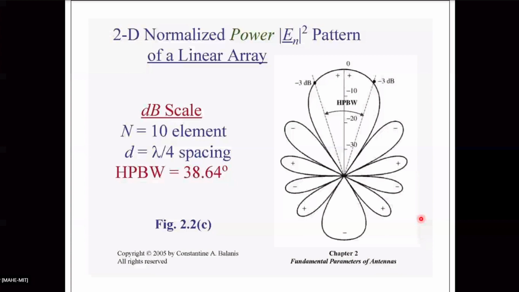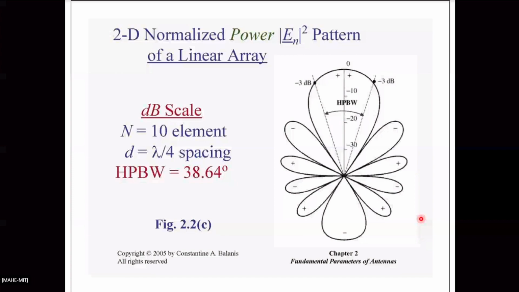Okay, this is another pattern we have shown. Now, if you plot in decibels, the half power point will be minus 3 dB down. Because why? If you call the maximum 0 dB, in a normalized pattern the maximum is 1, and log of 1 is 0.